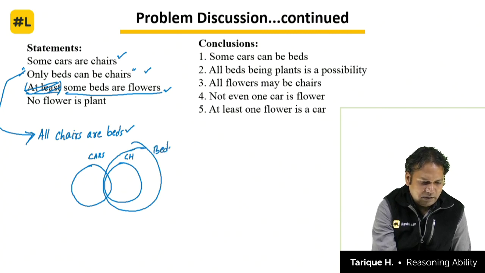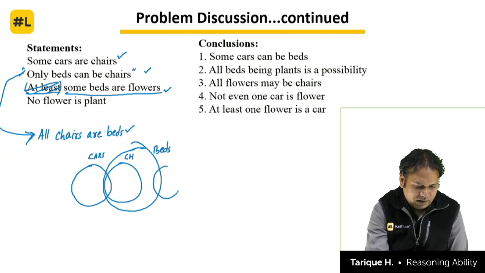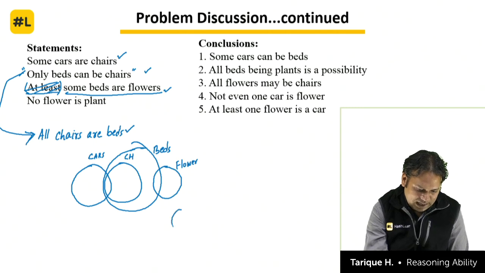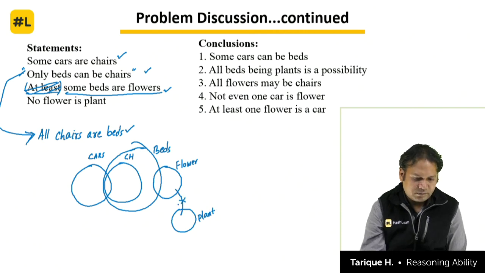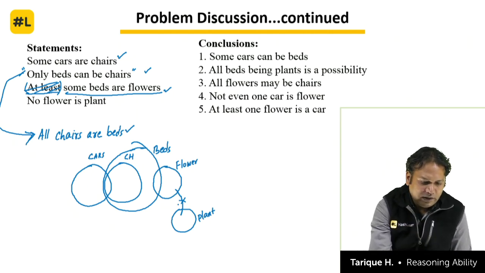All chairs are beds. Some beds are flowers. So, this will become flowers. And no flower is plant. So, plant will be here. And there is a negative link between flower and plant. Clear?